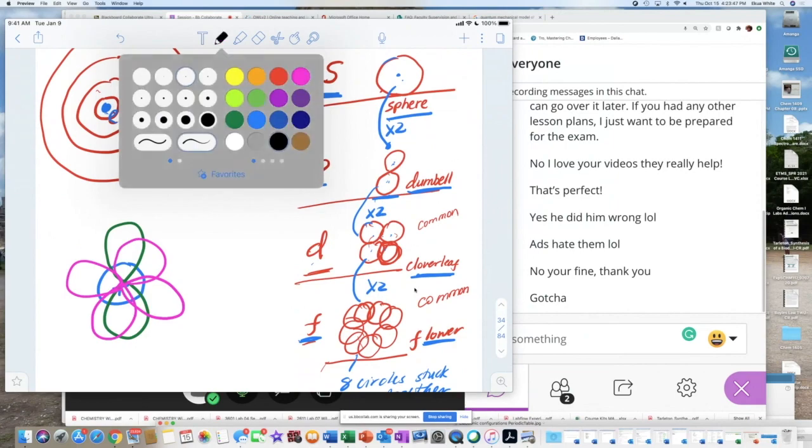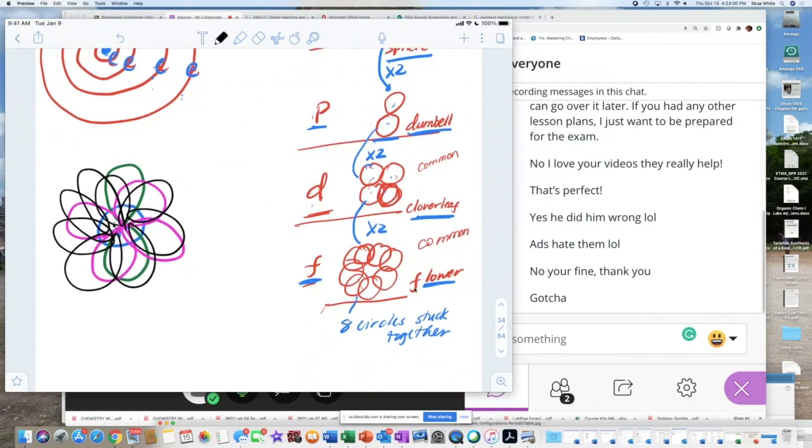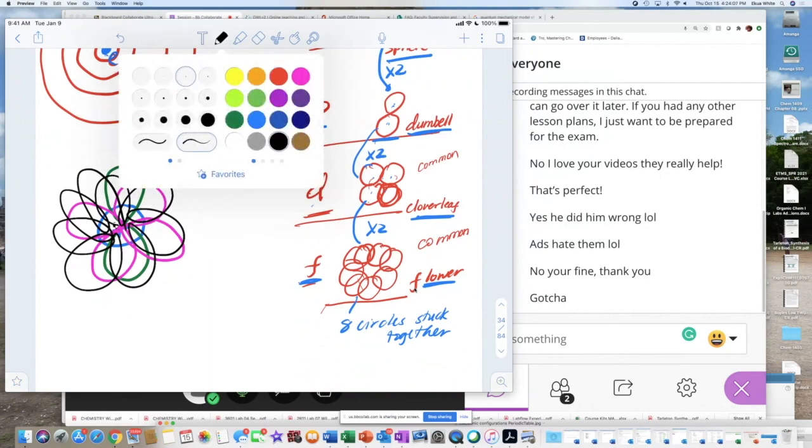Black. Only one that stands out. I use the black one. Some electrons around the nucleus live in a shape that looks like this. 1, 2, 3, 4, 5, 6, 7, 8. Okay? That's why when you look online, it just looks like a bunch of little bubbles in there. And these are all, and you have different levels of that. And all of these are inside the atom.